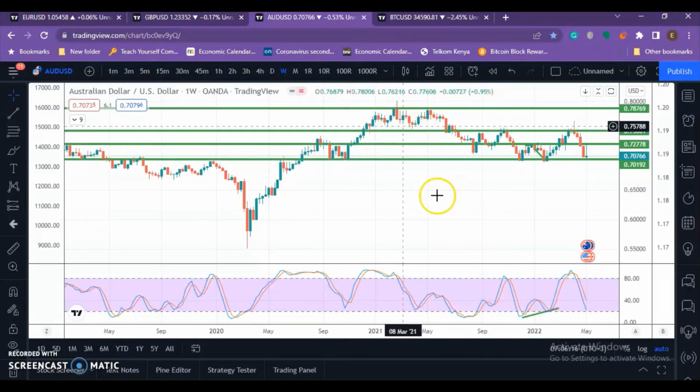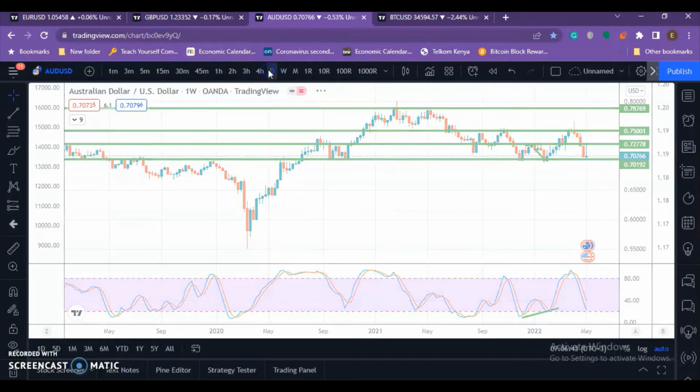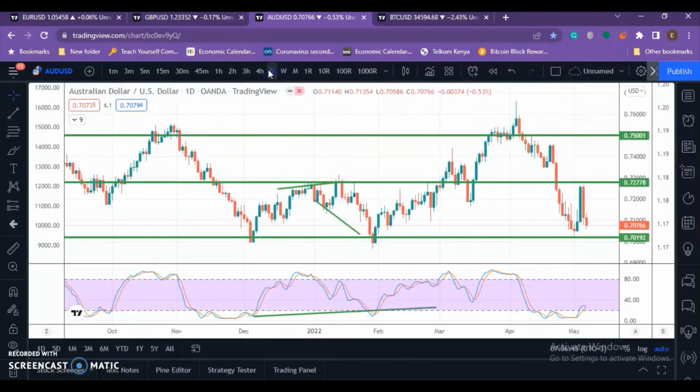For the long-term traders, not the short-term, I'm not talking about the short-term traders for this conversation, if it breaks this zone right over here and this right over here, we can now go for the long-term effect, which is you can even open a trade and close it next year or even in the next 6 months. So it's still holding in our weekly time frame.